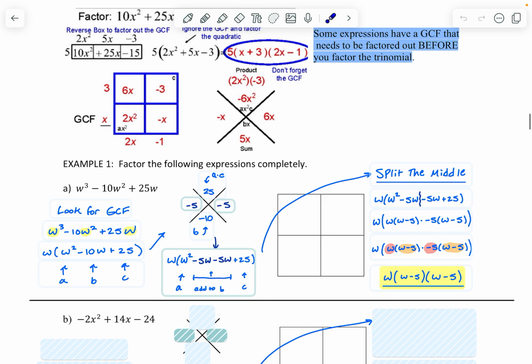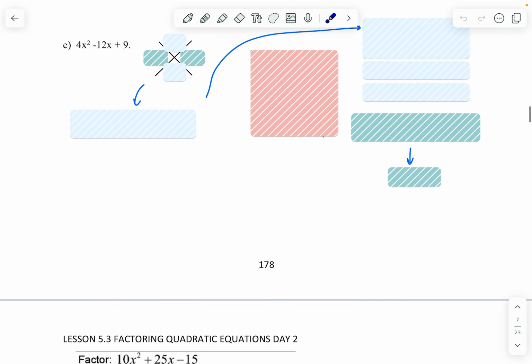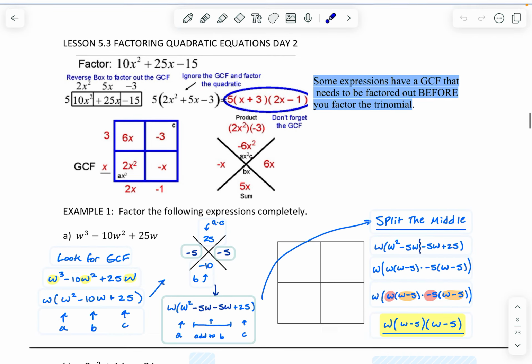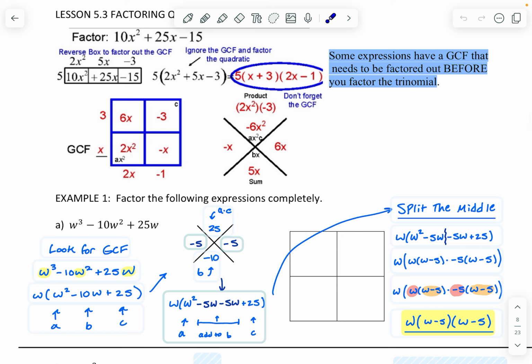And again, just a reminder, the only thing that changes between what we were doing in day 2 and now day 3, 5.3, is that we look for a GCF, we factor that GCF out, and it just stays with us the whole time.